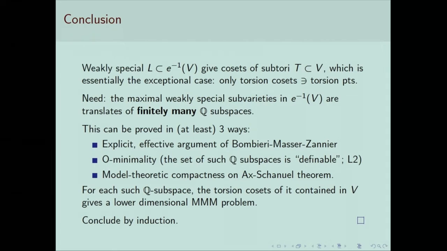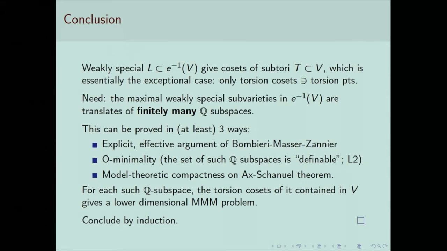A second argument, because we're going to see this same format play out and we'll need somehow an analog of the same result, actually uses O-minimality, because what you can see is, in fact, that the set of slopes that occur, the slopes of real subspaces that have translations that appear maximally among such things in the inverse image, that set of slopes is a definable set.